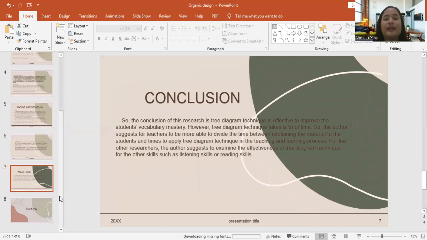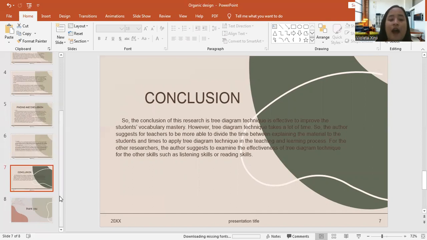In the last is conclusion. So the conclusion of this research is the tree diagram technique is effective to improve the students' vocabulary mastery. However, the tree diagram technique takes a lot of time, so the author suggests that teachers should be more able to divide the time between explaining the material to the students and applying the tree diagram technique in the teaching and learning process.